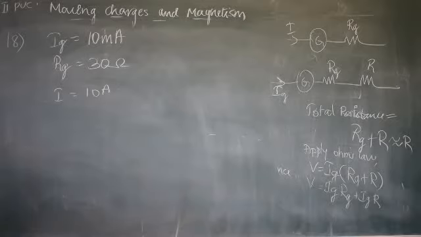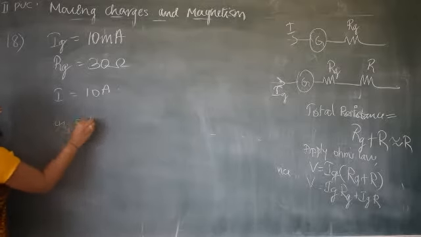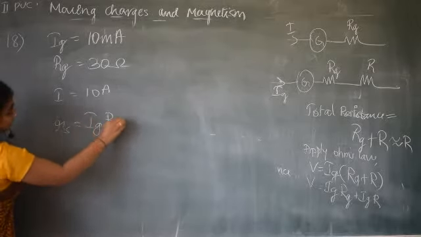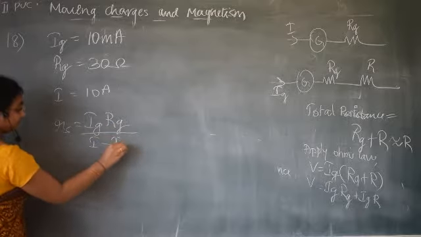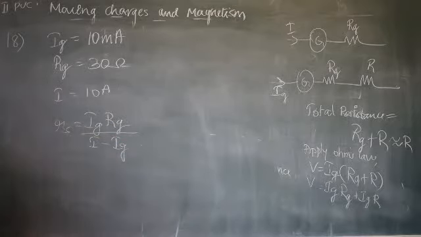We have used one. Rs is equal to, correct? Which formula do we have to use to convert it into an ammeter? That formula of the resistance. Rs is equal to Ig Rg by I minus Ig.